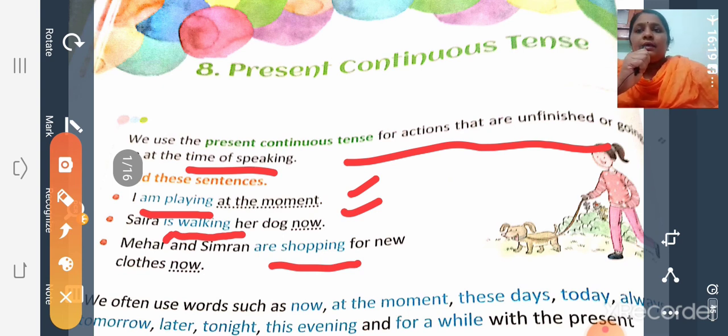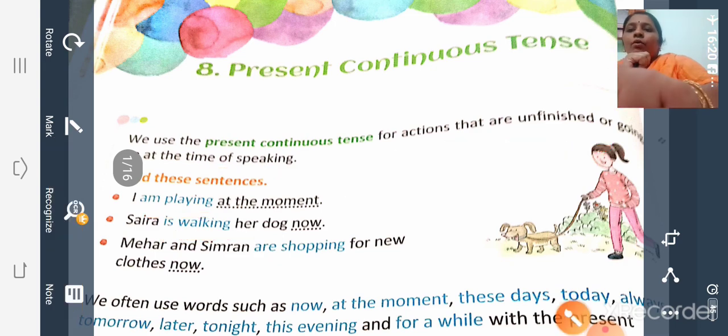All these actions are taking place at the time of speaking, so all these are in present continuous tense.